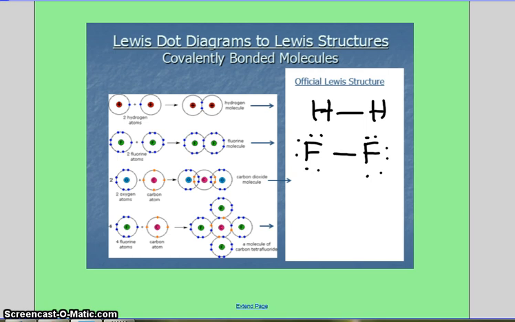When I look at the next example, I have two oxygens and a carbon to make CO2. If you look at the Bohr model, we see there are two pairs of shared electrons going on here because we didn't have enough to go around.